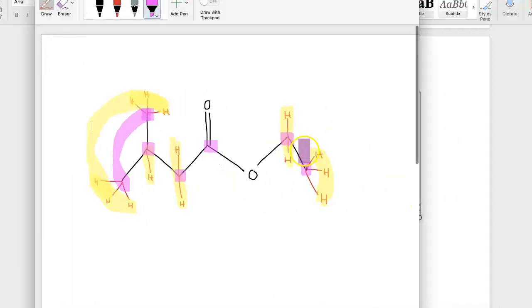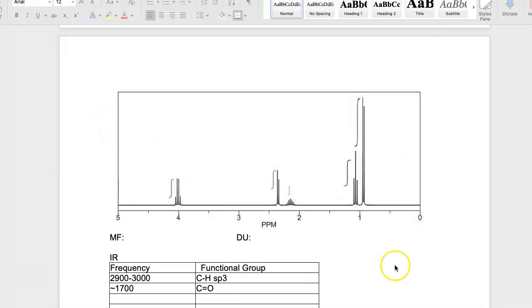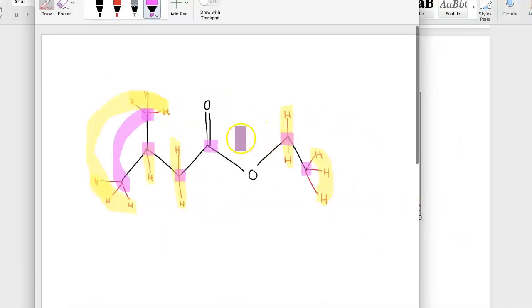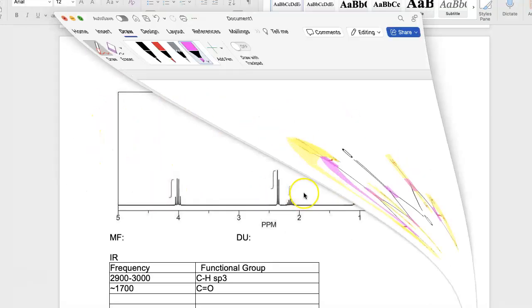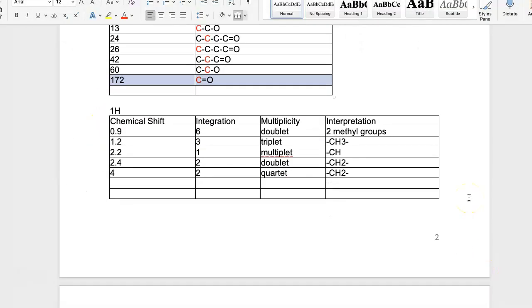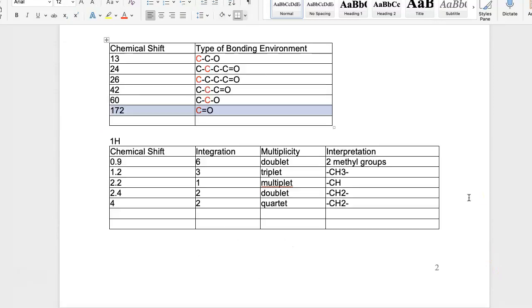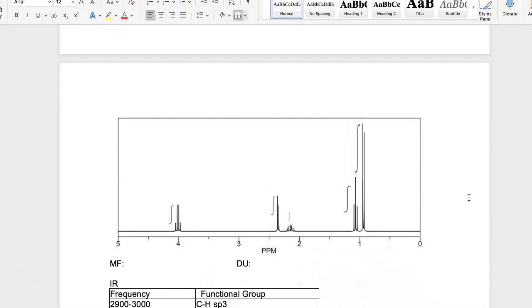So that told me that there wouldn't be a lone methyl group on either end of this molecule, because if it was just this methyl group right here, and this CH2 wasn't here, it was just this carbon bound to this oxygen, that would be a singlet, and I didn't see that. So that's how I knew that we had groups on either side of the carbonyl, and that was how I pieced together this molecule. I hope that you found it helpful.